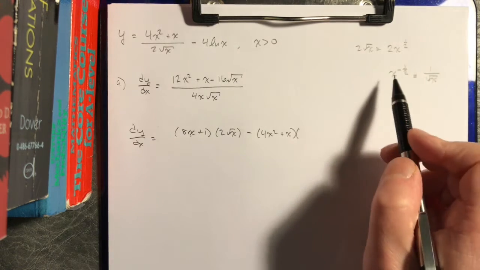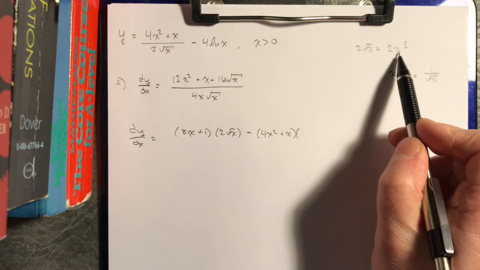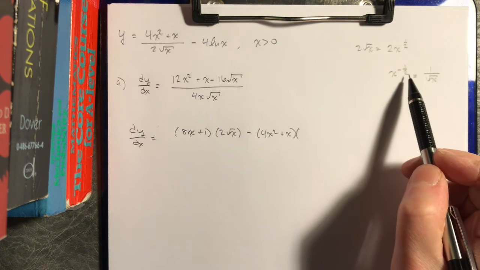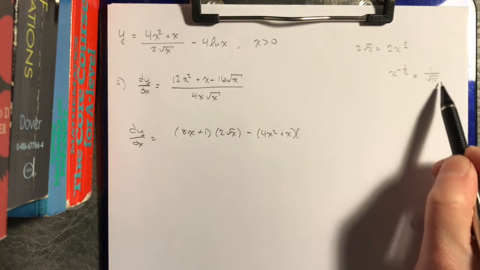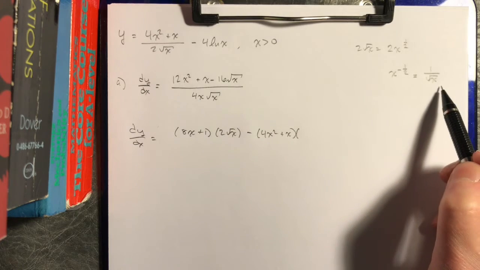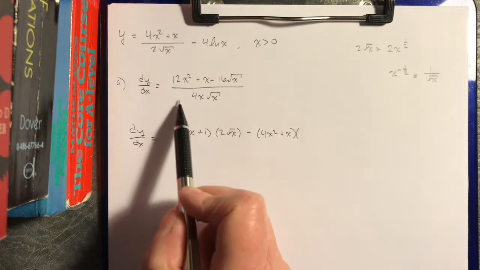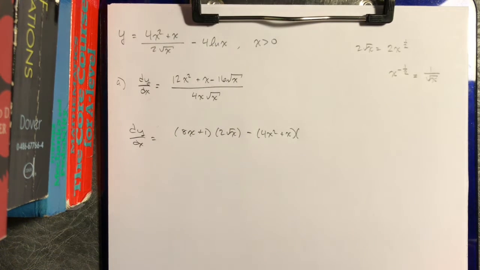Okay, so if I differentiate 2 root x, that's 2x to the 1/2. That's going to give me x to the minus 1/2, and I'm going to write it as 1 over root x. And the reason I'm going to slap it back into a surd and a fraction is because the format they want me to be in involves surds.